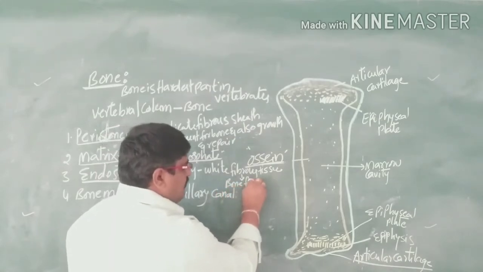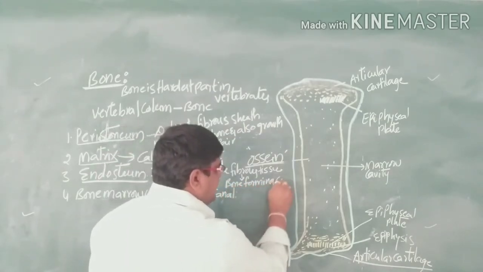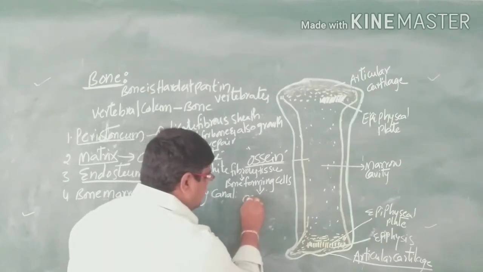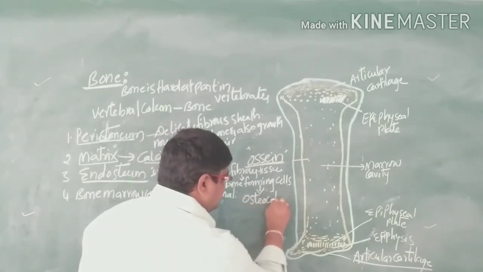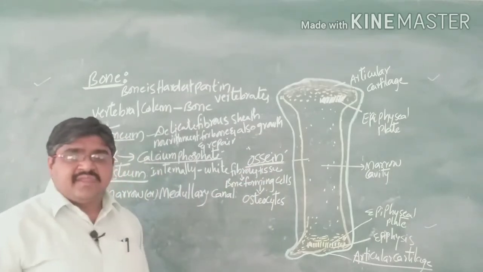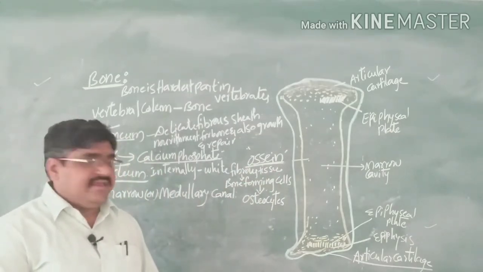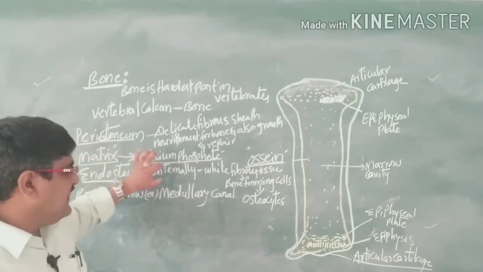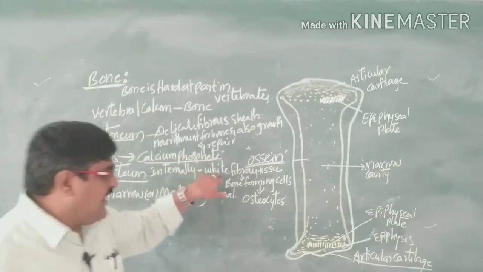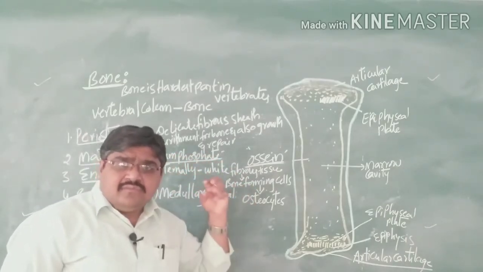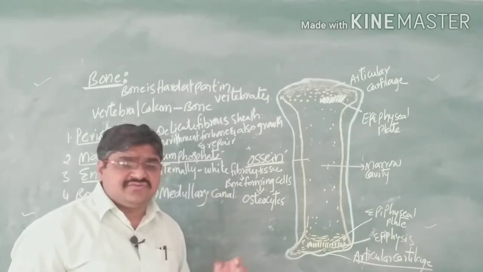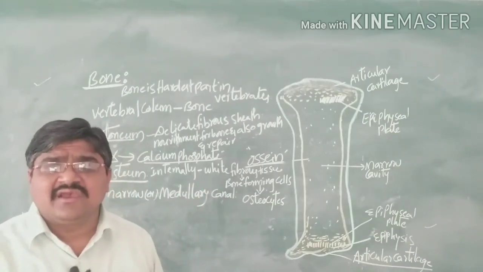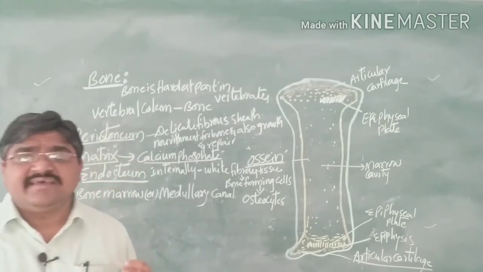They are called osteocytes. Internally, beneath the matrix, lies the endosteum, which consists of white fibrous tissue along with bone forming cells, which we call osteocytes.